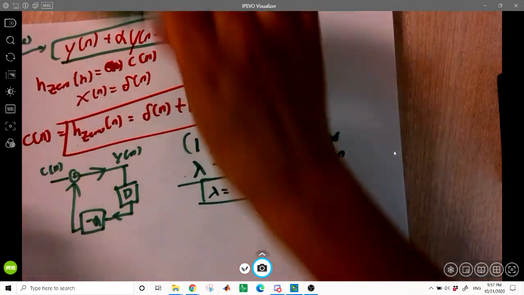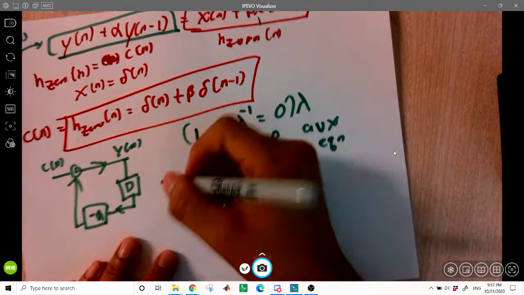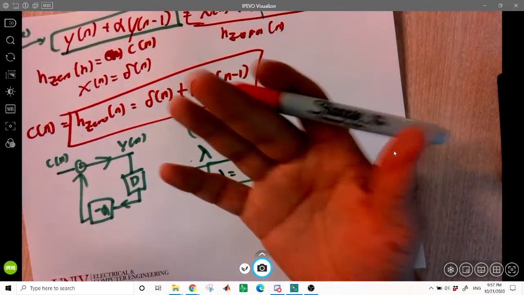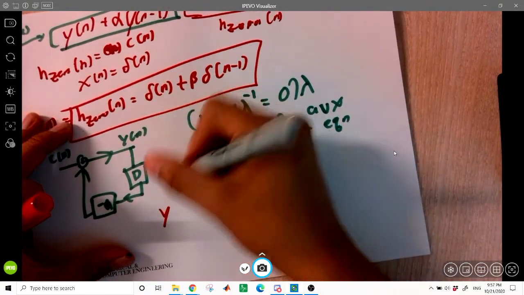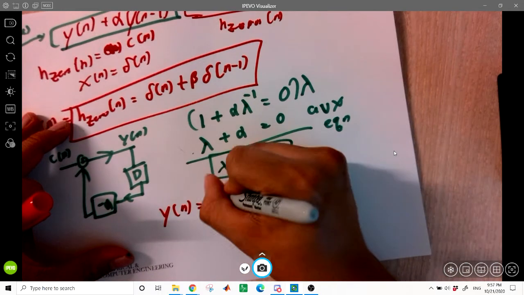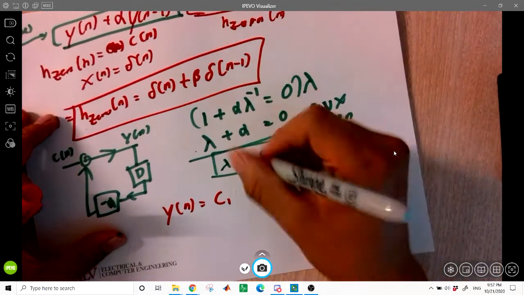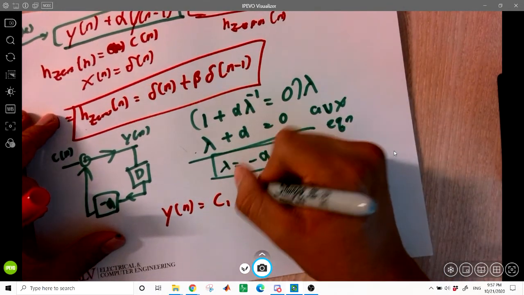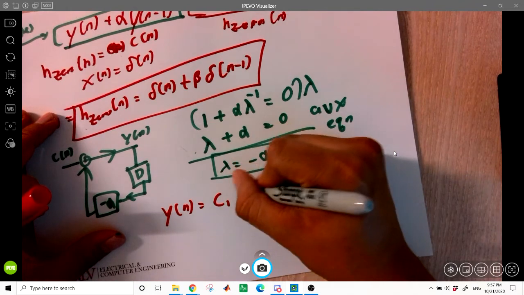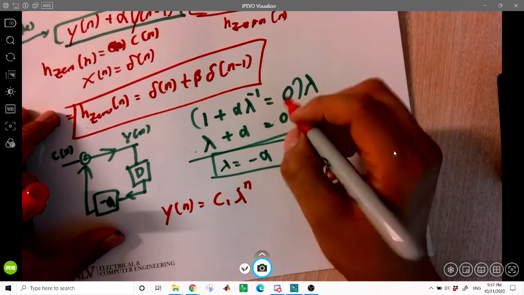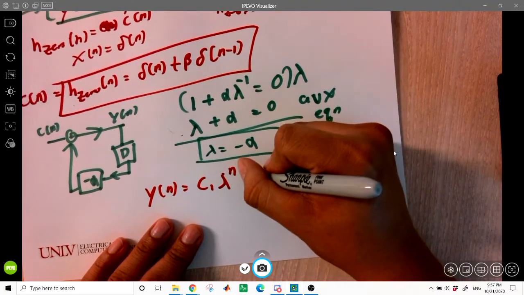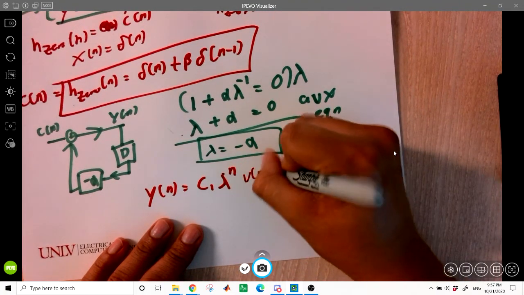The one thing we learned about auxiliary equations is that there's going to be a general solution. We don't know what's going to happen, so let's call it y of n. It's going to equal some coefficient, we'll call it c of 1, times whatever our lambda is to the n. And let's put a unit step in there, because everyone likes a unit step.